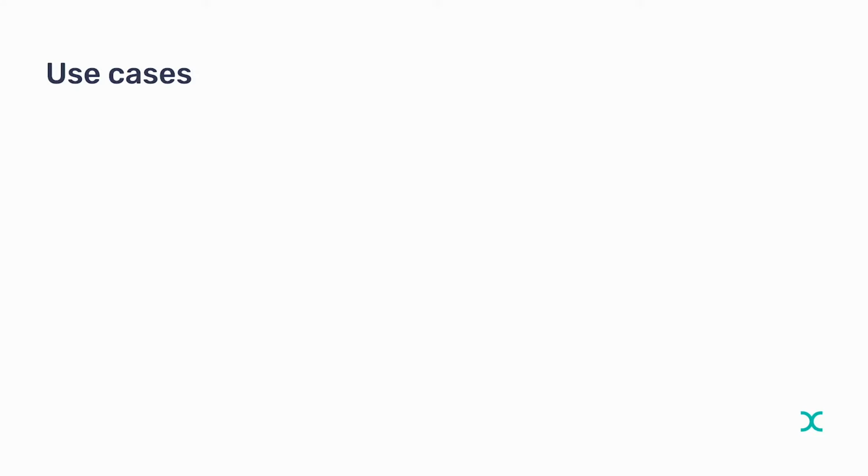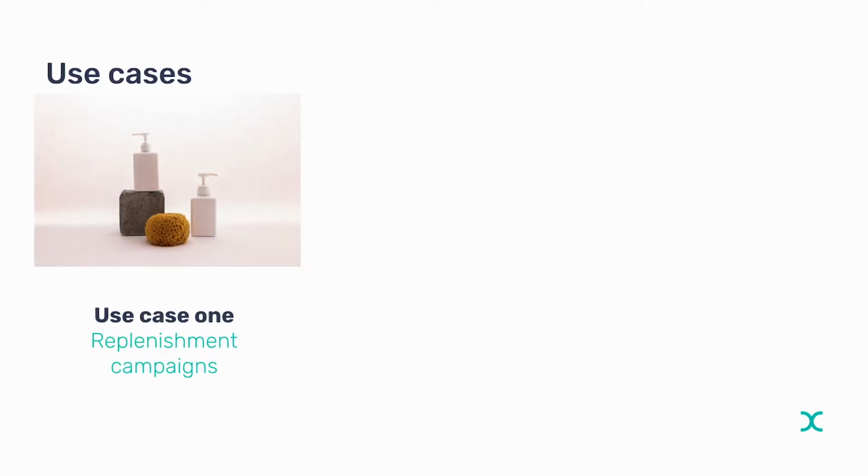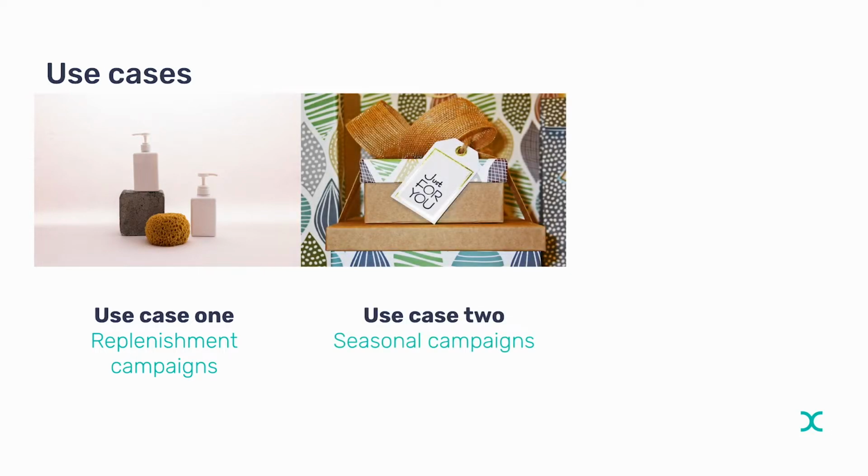There are a number of really great use cases for Smart Search, and the tool lends itself really well to replenishment messages. For example, you can find customers who purchased shampoo in the last 60 days but have not yet ordered shampoo again, or find customers who purchased a winter coat 2 years ago and haven't ordered a coat since. Seasonal campaigns are another really good one for Smart Search.